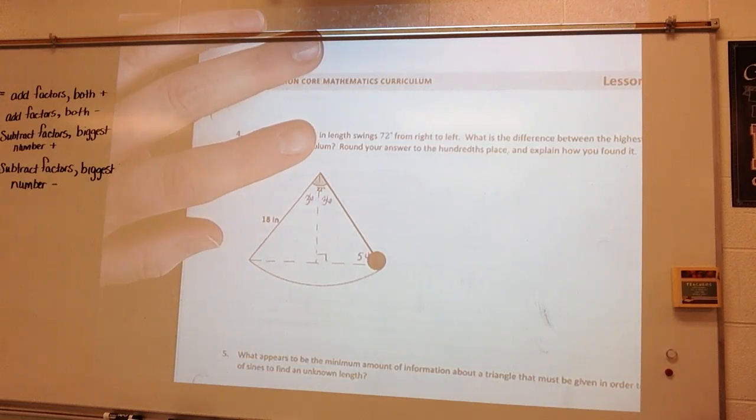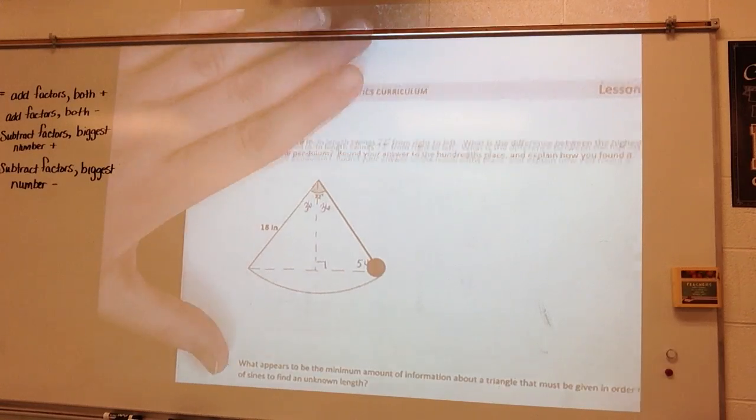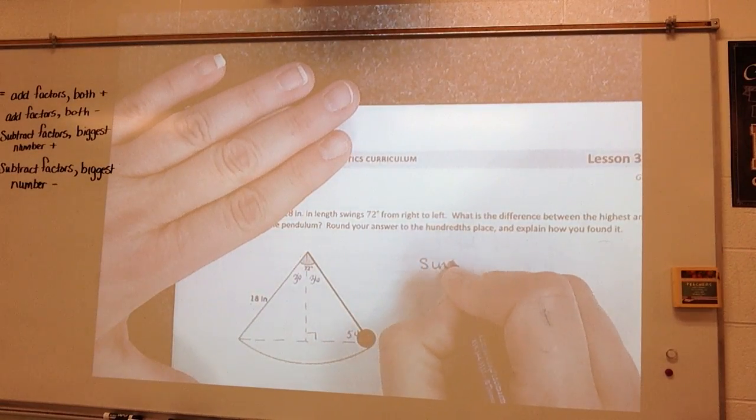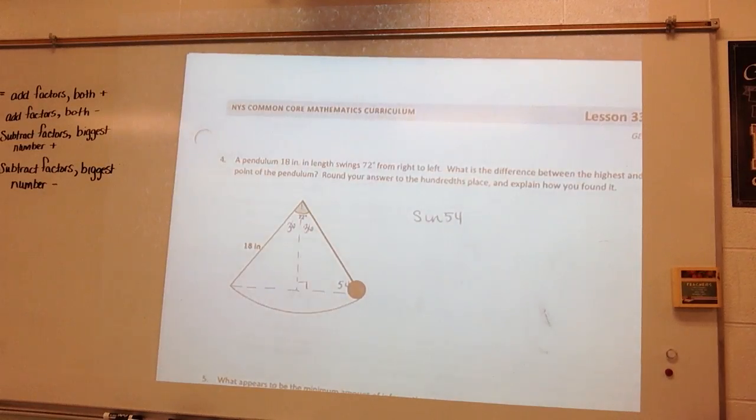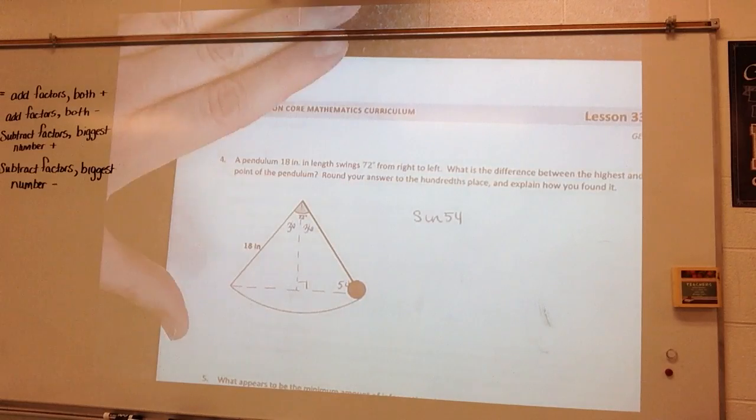Alright? So, let's go ahead and set it up. So, if I were to put the sine of 54 in my calculator, I'm sorry, I forgot part of our equation.